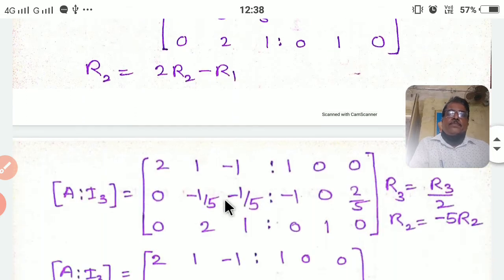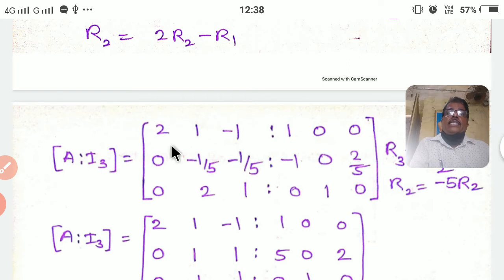Then we get A colon I3, this is 2 1 minus 1, then this is 0 minus 1 by 5, minus 1 by 5, then 0 2 1, next 1 0 0, and again the same operation we carry here also. R2 is equal to 2R2 minus R1, which gives minus 1 0 2 by 5, next 0 1 0.